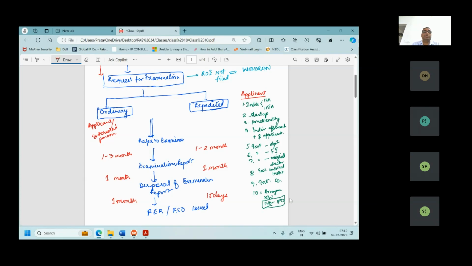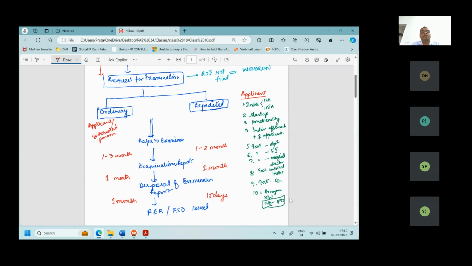Now, what happens in examination? There are certain stages. First, after your request for examination, the controller will refer your application to an examiner. After referral, the examiner will conduct a search and create an examination report, and this examination report will be submitted to the controller. The controller will dispose of the examiner report in 1 month.